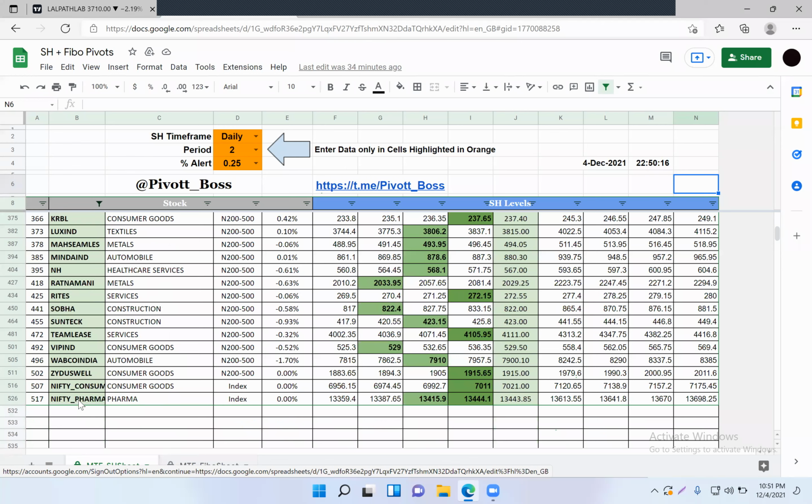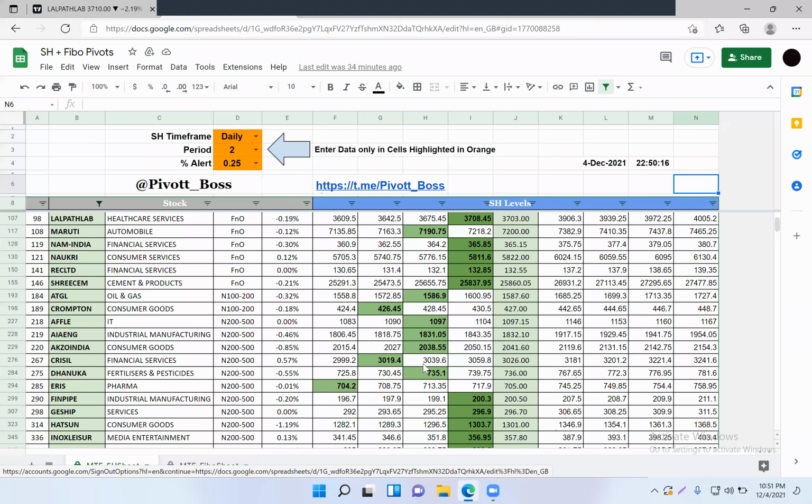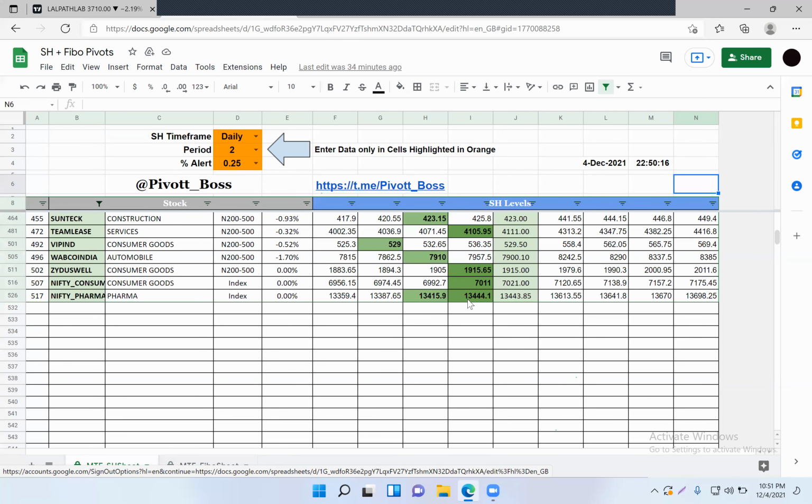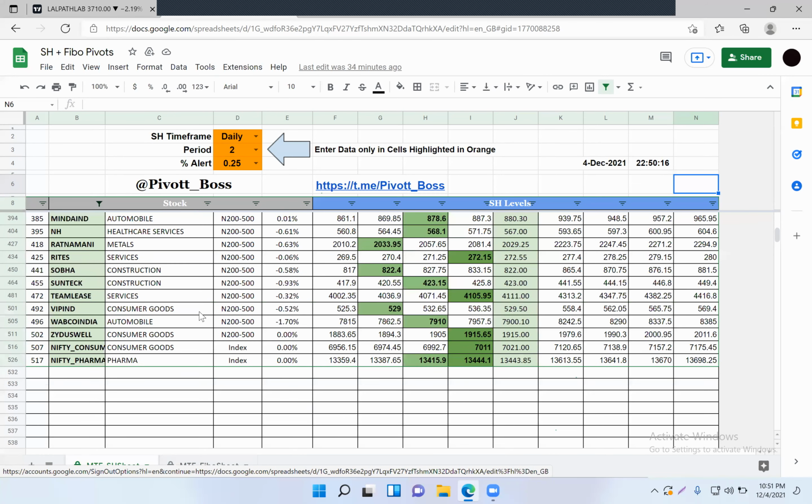Nifty Pharma, the index itself, is in stop hunt, near its R25, R50 levels, S25, S50 levels. So this can give a break till here also. All of this will change in the coming days.